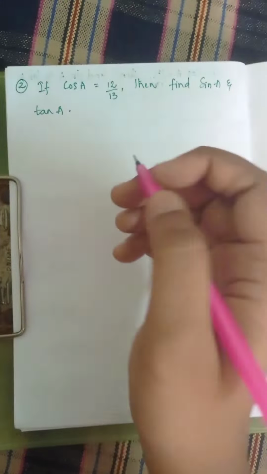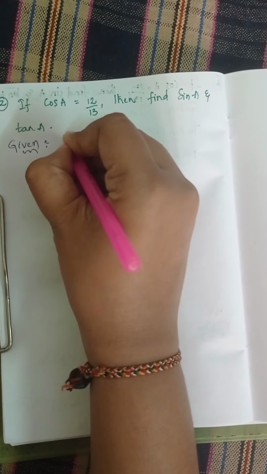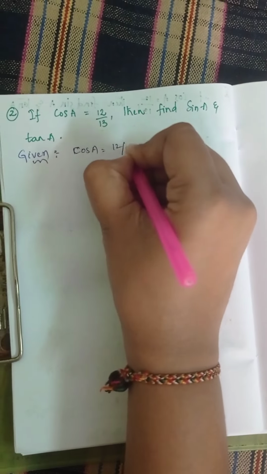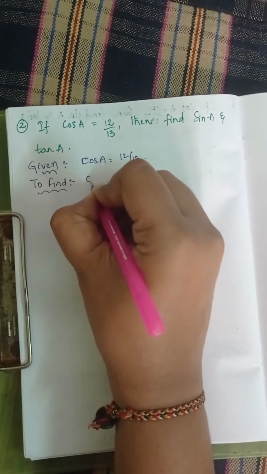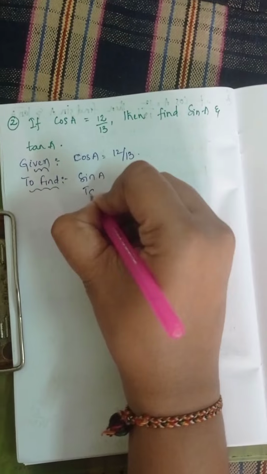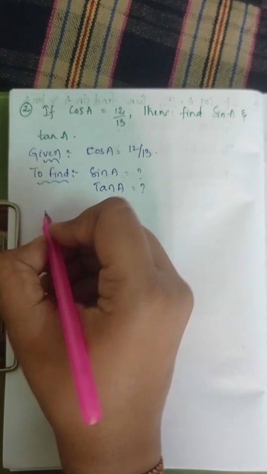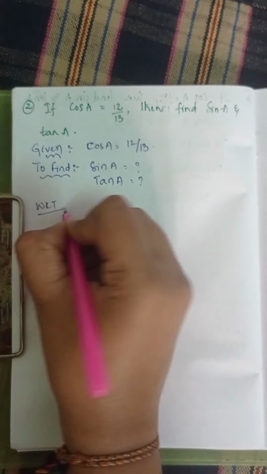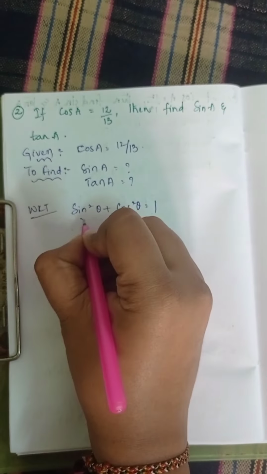Okay, so we'll go with the second one. As given, cos A is equal to 12 by 13, right? So we need to find the values of sin A and tan A, right? Now we know that sin square theta plus cos square theta is equal to 1, right?